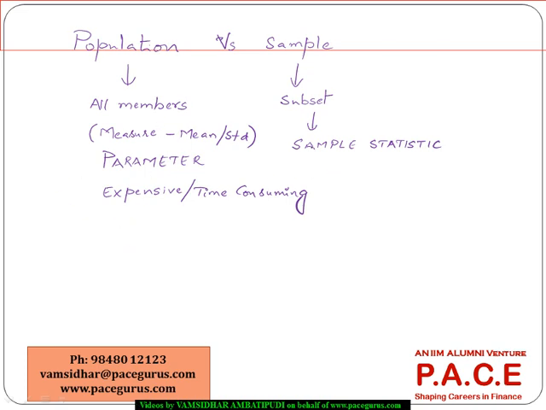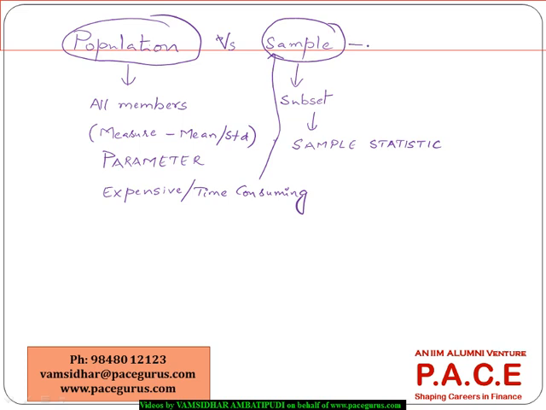That's where sampling and proper sampling methods come in, so that I can take a subset of the entire population in a judicious manner, do my work on it, and provide conclusions regarding the entire population. In most of the inferential statistics world, we work only with a sample of the data, but we make conclusions relating to the population. That's the beauty of using statistics in a decision making scenario.